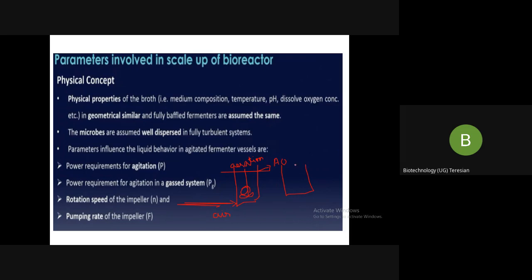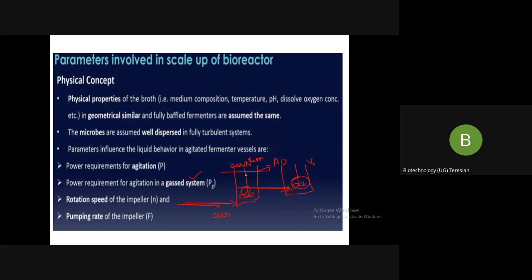So here also we have an impeller and it is stirring, but we don't have the aeration. When we compare the gas system and non-gas system, the gas system is always better because it uses less power because of the presence of aeration.